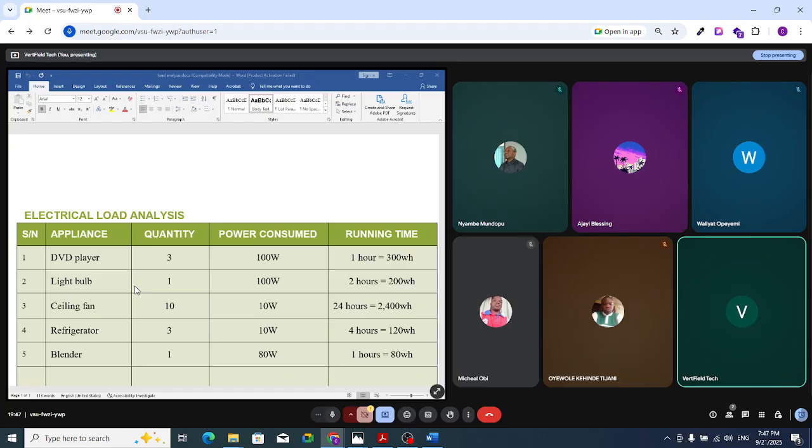Now, the running time of the appliance informs you of how long Mr. Nyabe intends to power up these appliances.